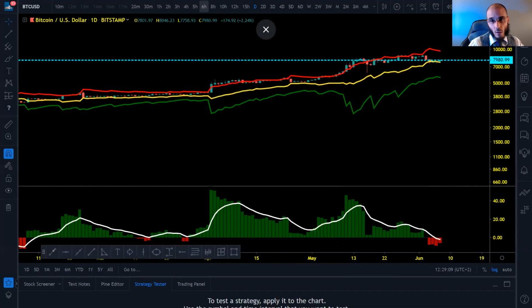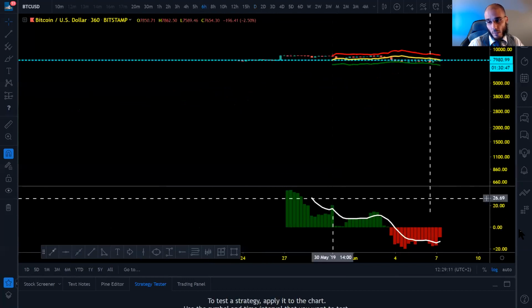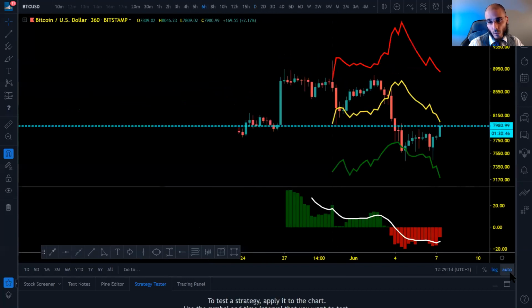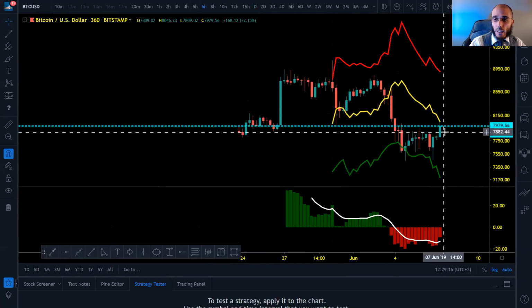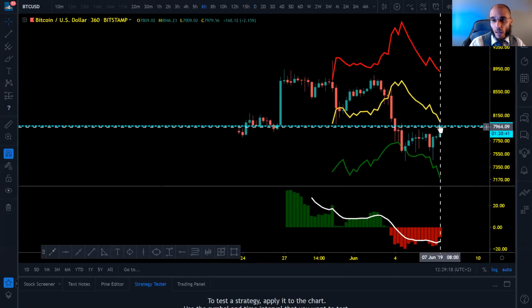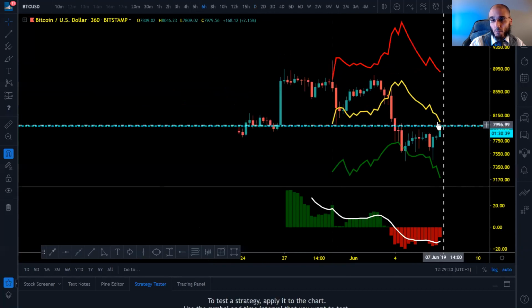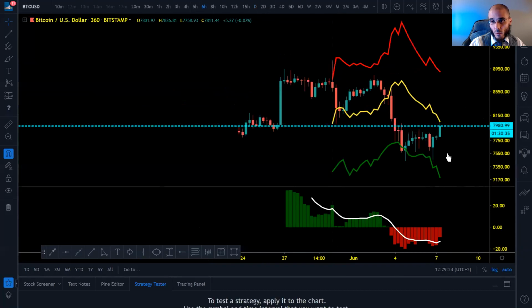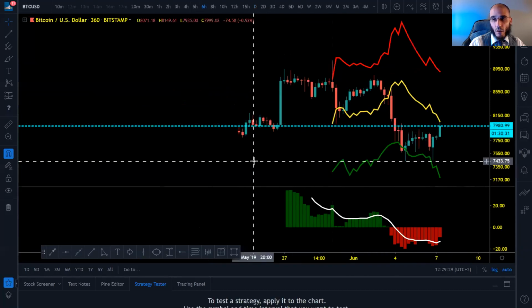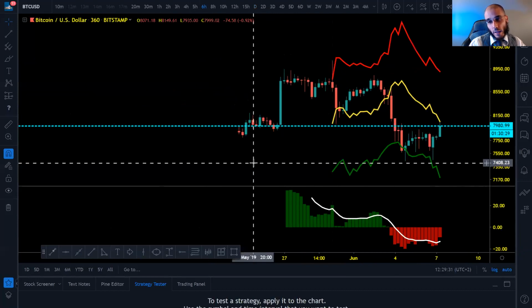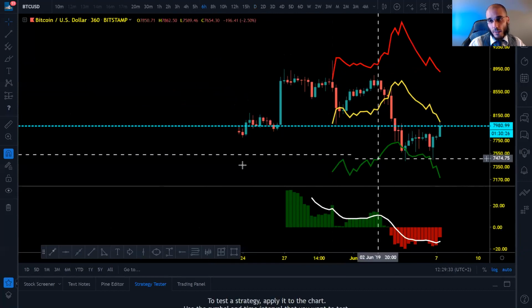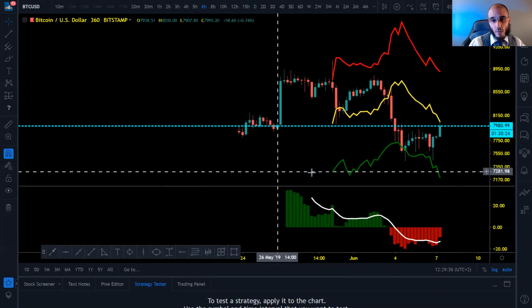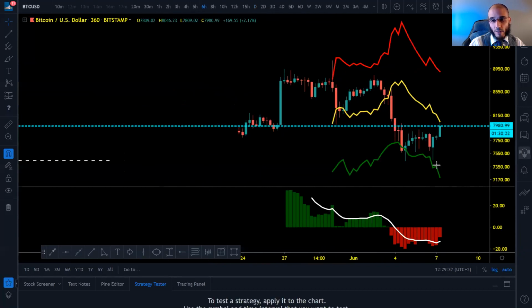On the 6 hour, okay, I'll have to check. 6 hour, it is negative, and we did get rejected by the middle band, so that's negative. But I have the same issue as I always get, and unfortunately I have to reload my chart because it is not giving me enough history.